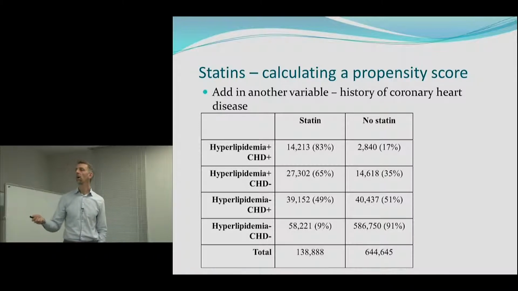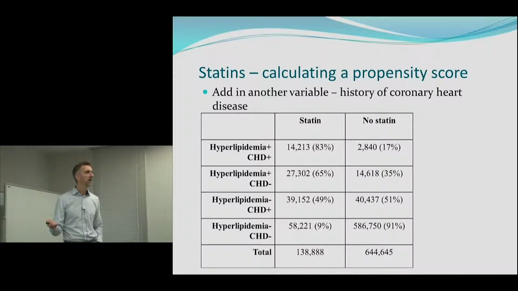So here I've broken the data down into 4 strata. Starting off with people who've got both high lipids and coronary heart disease, and then people who've just got high lipids but no coronary heart disease, and normal lipids, and then neither high lipids nor coronary heart disease.